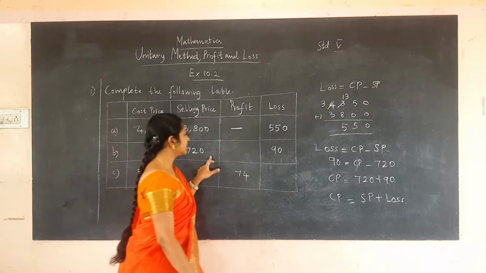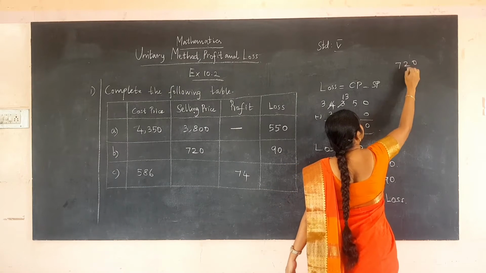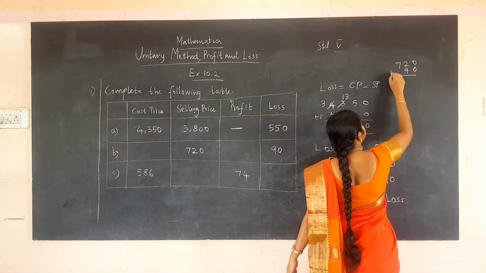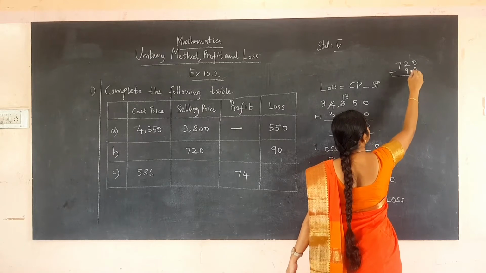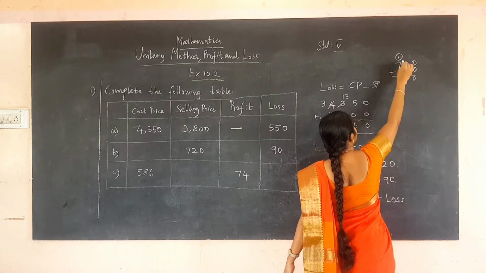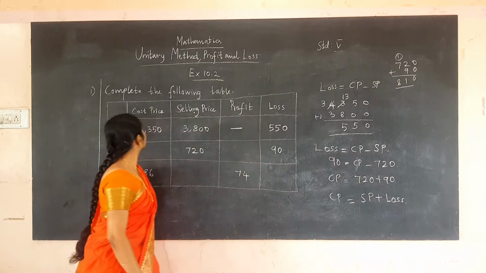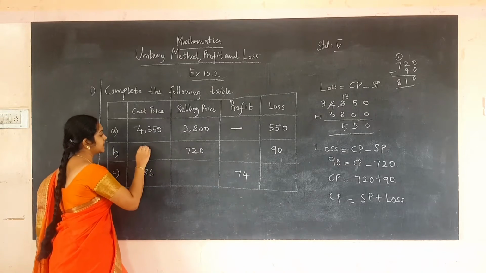Add 720 and 90. Zero plus 0 is 0. 9 plus 2 is 11. 7 plus 1 is 8. So the cost price is 810.